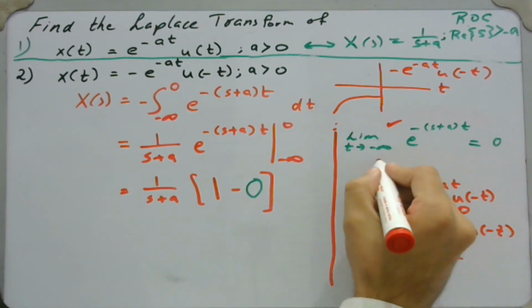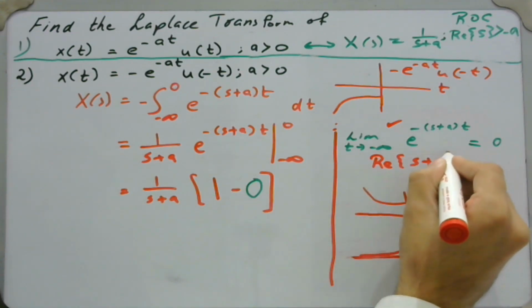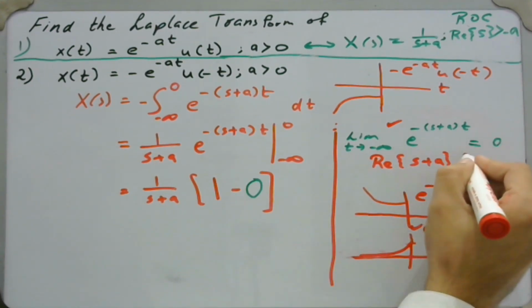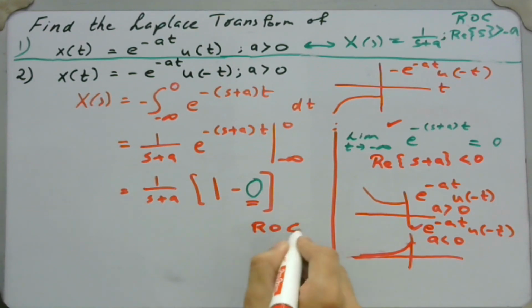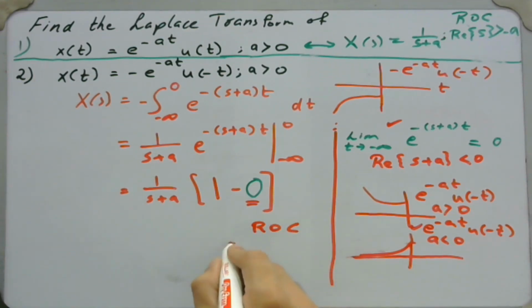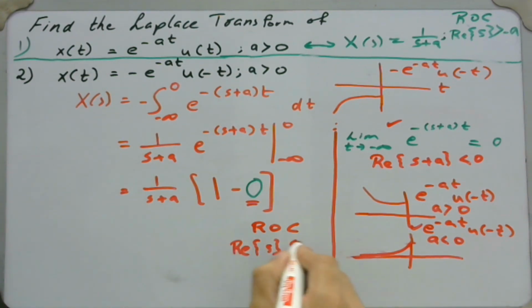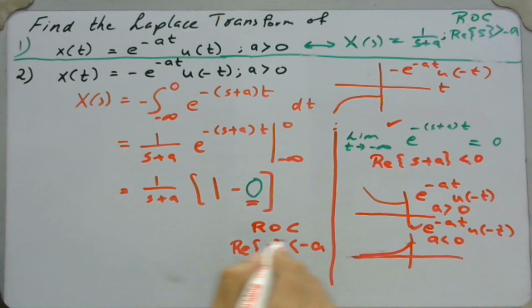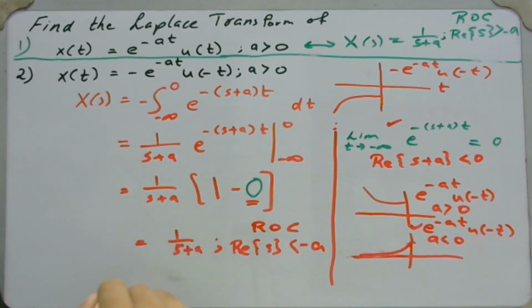From this intuition, we can say that the real part of s plus a should be less than 0 for it to converge. So this is true when our region of convergence, ROC, suggests that the real part of s is less than minus a, and in that case our algebraic expression is 1 over s plus a. This is X of s.